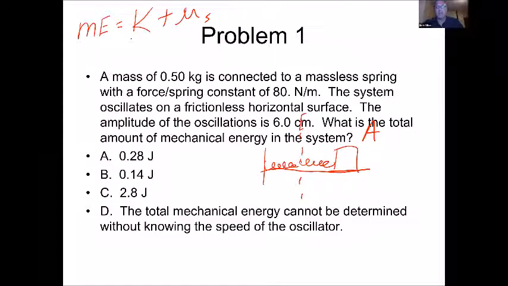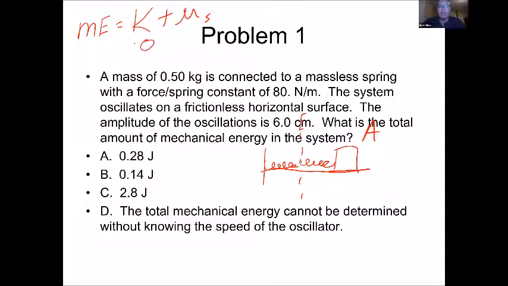So let's think about this for a minute. When this object is at maximum amplitude, what do we know about the kinetic energy at maximum amplitude? Somebody unmute and tell me what's going on with kinetic energy when this box is at maximum amplitude. Zero. It's zero because the box isn't moving at that instant.